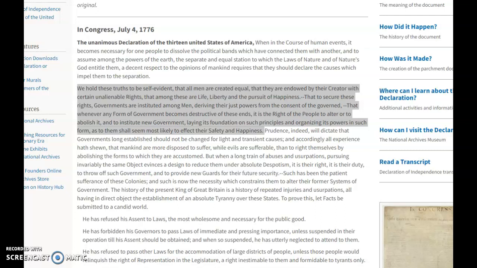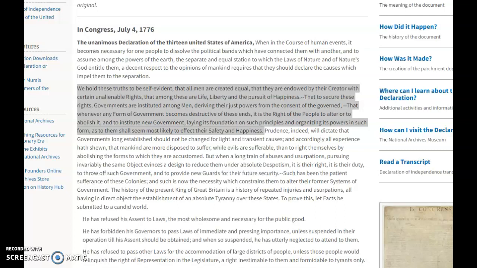That they are endowed with certain rights, either in nature or by their Creator, depending on whether or not you're a religious person. They obviously believed in a Creator, or at least professed belief in a Creator. And that Creator created mankind with certain rights: life, liberty, and the pursuit of happiness.